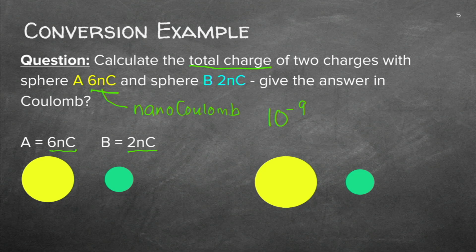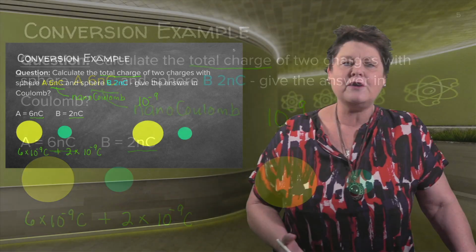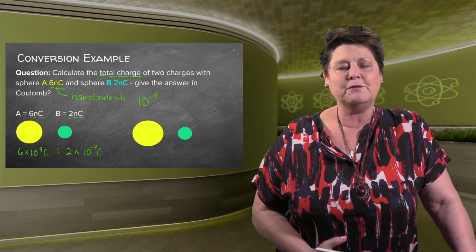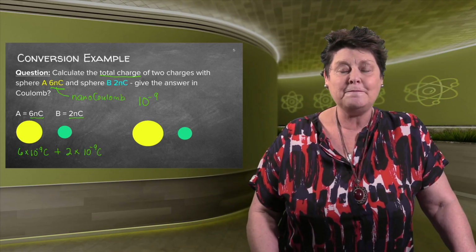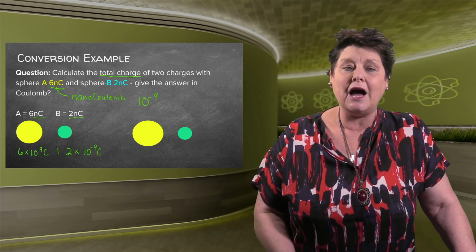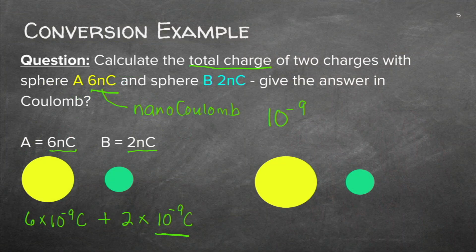So let's have a look. I have 6 times 10 to the minus 9 coulomb, and I've got 2 times 10 to the minus 9 coulomb. And you can do different mathematics. You've been busy with mathematics for a few years. I'm not going to do a mathematics lesson, but I am going to show you the way I would have done it. In both cases, I've got 10 to the power of minus 9. So I'm going to take 10 to the power of minus 9 out of that equation.